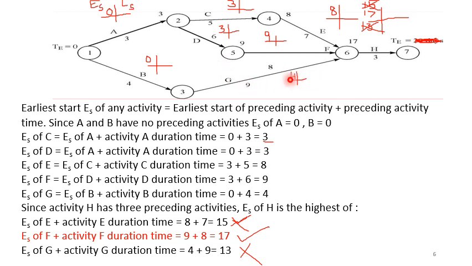But can H start? Even though G is a preceding activity of H, H cannot start because there are two more activities which have to be completed for it to start. So at the end of the 13th day, only activity G will be complete. Activity E still has 2 more days to complete because it will be complete by the end of the 15th day.